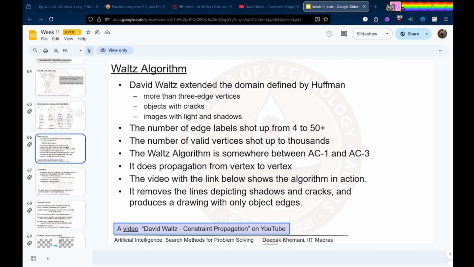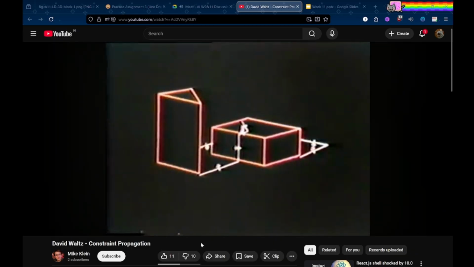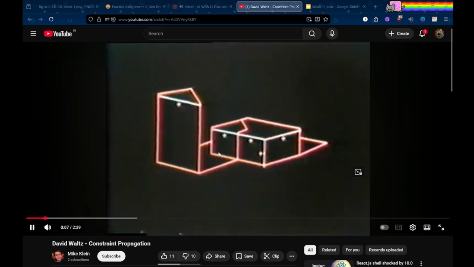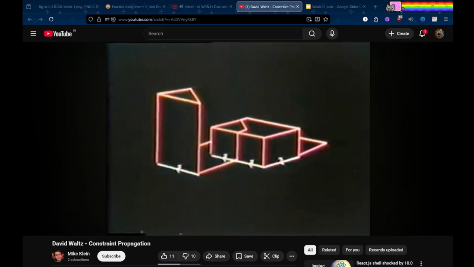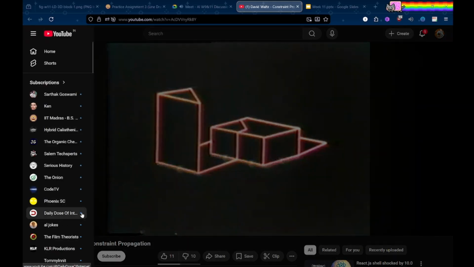David Waltz extended the domain defined by Huffman to more than 3-edge vertices, which it tracks. The number of edges shot up to, I'm not sure what this means. Okay, so it firstly assumes that everything is a right arrow. Or maybe let's watch that lecture itself that goes over it.